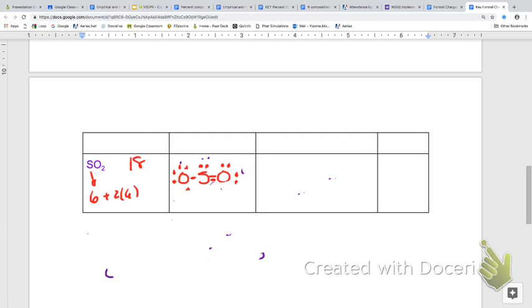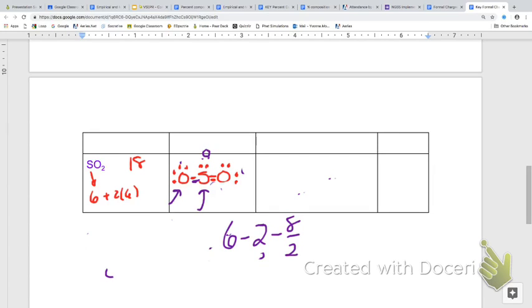Let's move these 2 electrons into the bond and recalculate those formal charges. So we'll try the sulfur again: 6 minus its 2 unshared minus the 2, 4, 6, 8 divided by 2. So that gives us 6 minus 6, which gives us the formal charge 0.